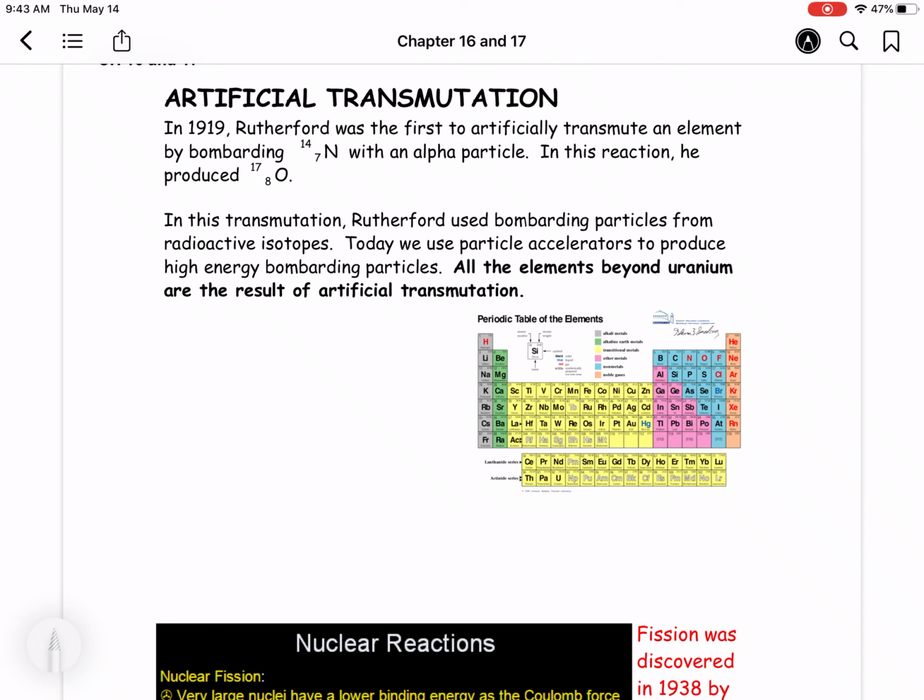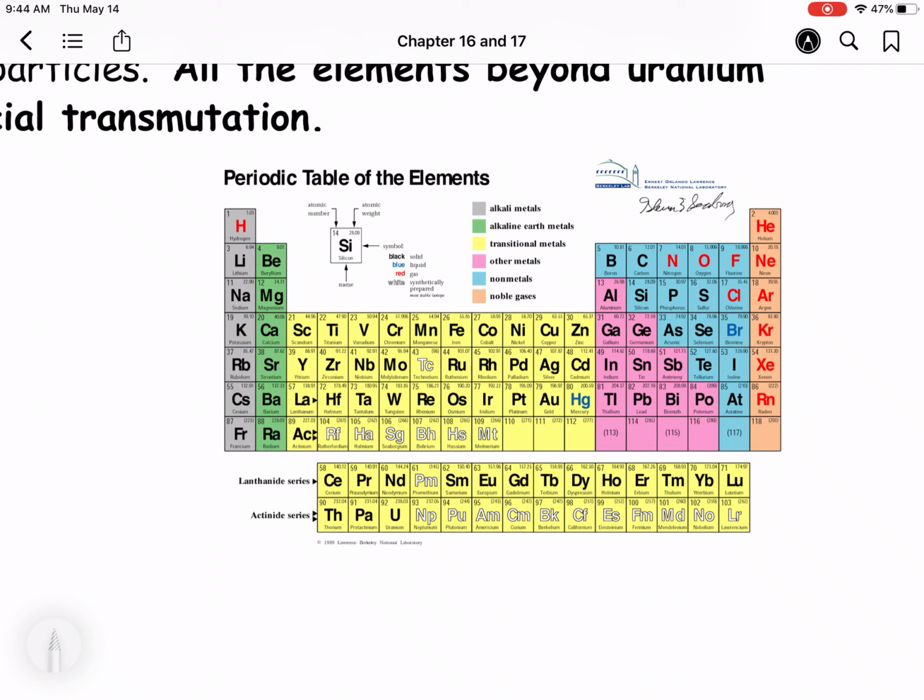I keep yawning. We shoot things, and so we can go up and down the periodic table by doing this. And so what we notice is that anything past uranium, so uranium is number 92, anything with a higher number than uranium is actually artificial.